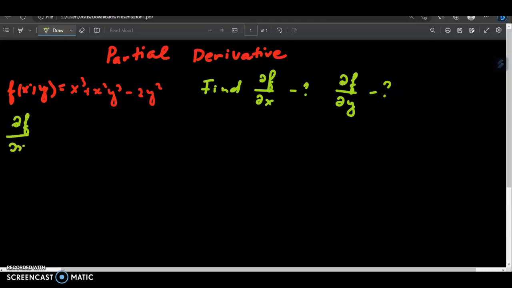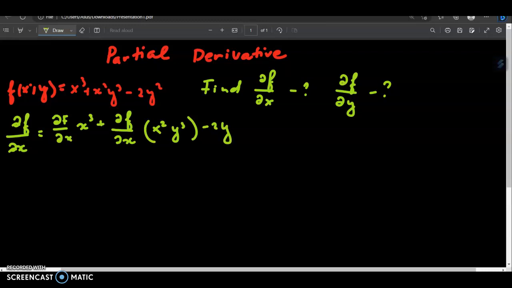It's going to be ∂/∂x of x cubed plus ∂/∂x of x squared y cubed and minus ∂/∂x of 2y squared.